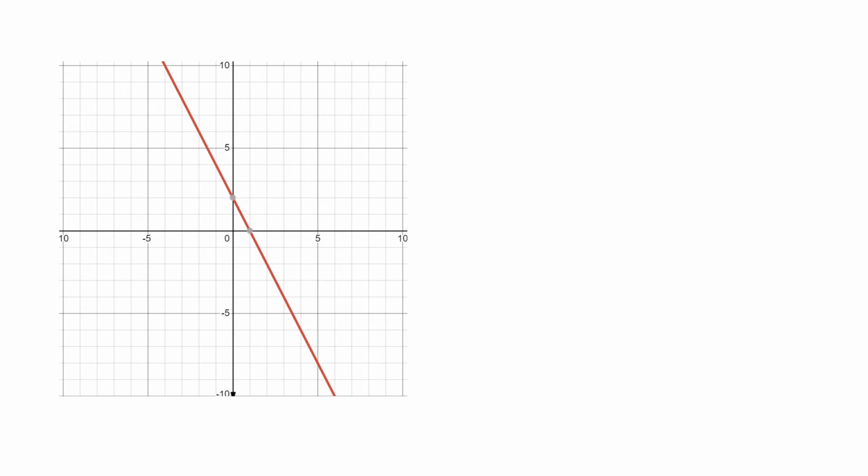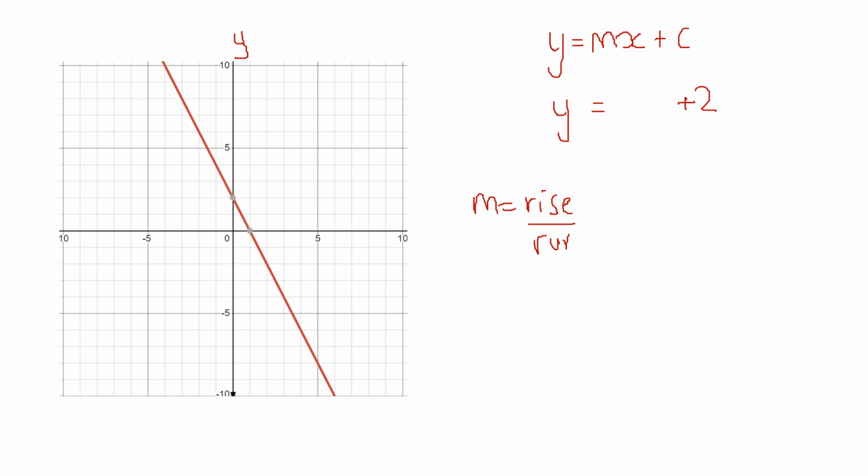So another example, we're looking for the equation of the line, so y equals mx plus c. So let's look at the y-axis and where it cuts the line. It cuts it at positive 2, so we can write y equals, let's leave a blank, plus 2. For our gradient, we know it is equal to rise over run. So let's pick 2 points. Let's pick the y-axis intercept, and let's pick the x-axis intercept.